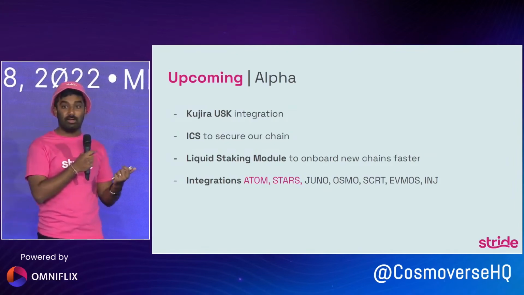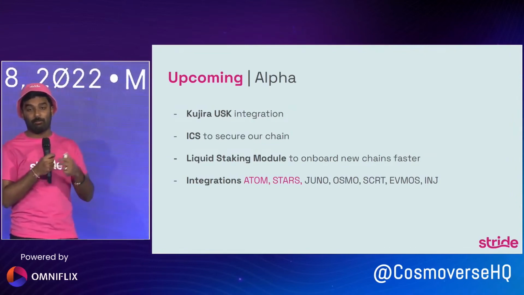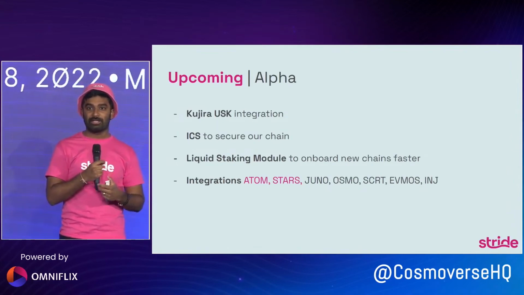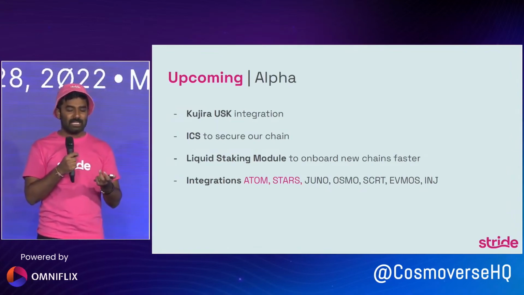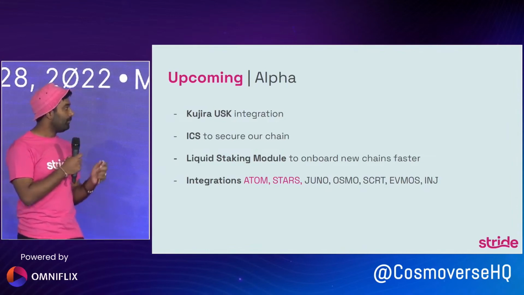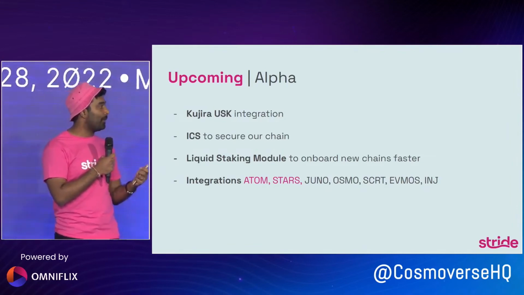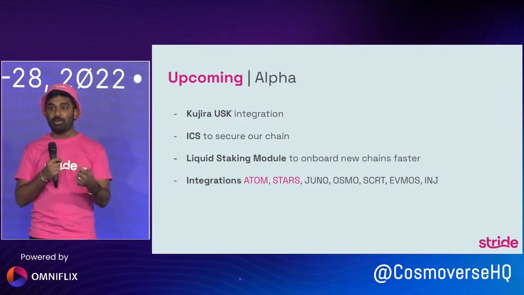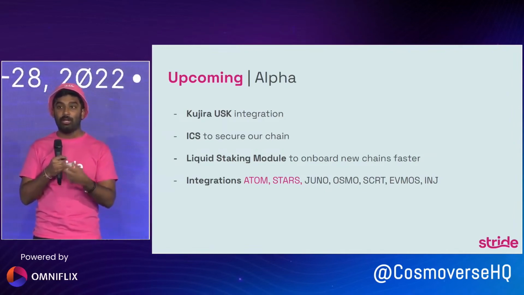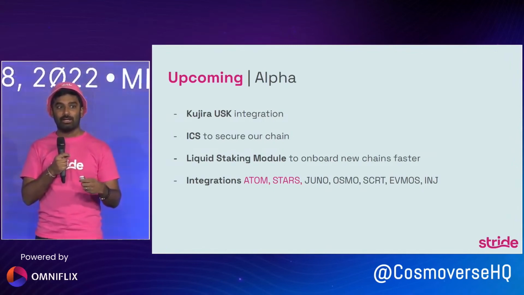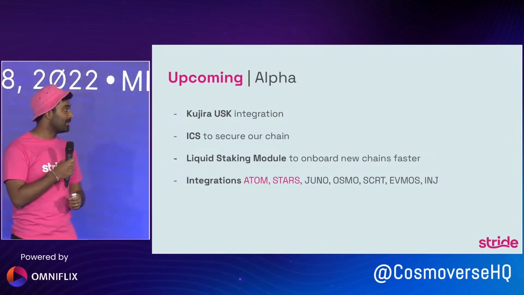Next, we're going to start onboarding ICS when it rolls out to V3 onto our chain. We've already started our testing process for this and are really excited about potentially being one of the first chains to use ICS on mainnet. Third, we've started developing to integrate the liquid staking module onto Stride. This means when we start onboarding chains like the Hub that have the LSM enabled, we can allow you to liquid stake on Stride without unbonding your assets.